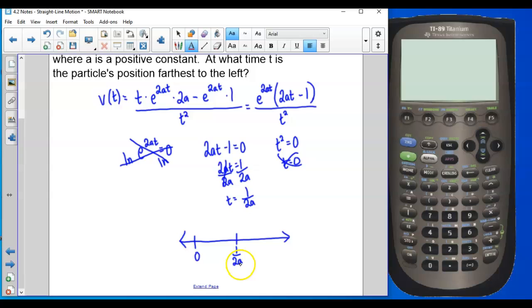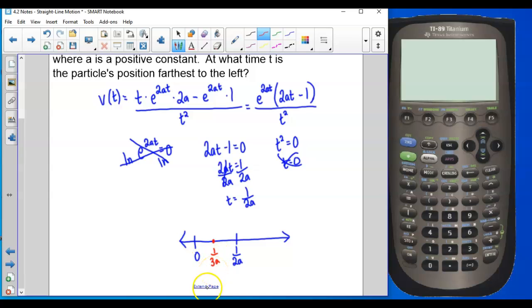A constant could be a fraction, it could be a decimal, it could be a whole number, but I do know it is positive. So if I'm thinking of a number that is smaller than 1 over 2a, I could pick 1 over 3a, because that denominator is going to be larger, which is going to make it smaller.